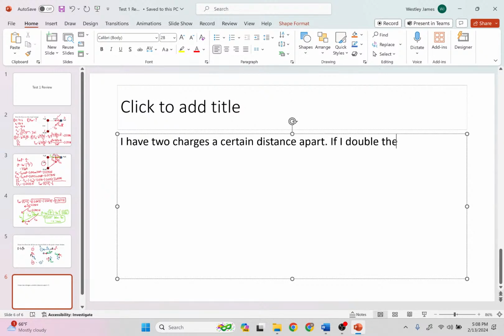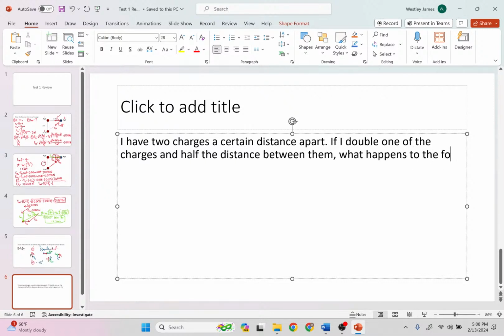If I double one of the charges and half the distance between them, what happens to the force experienced by the charges?